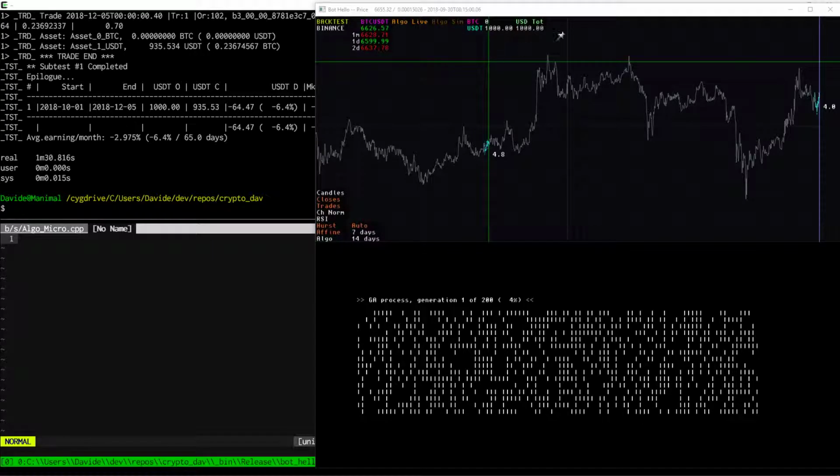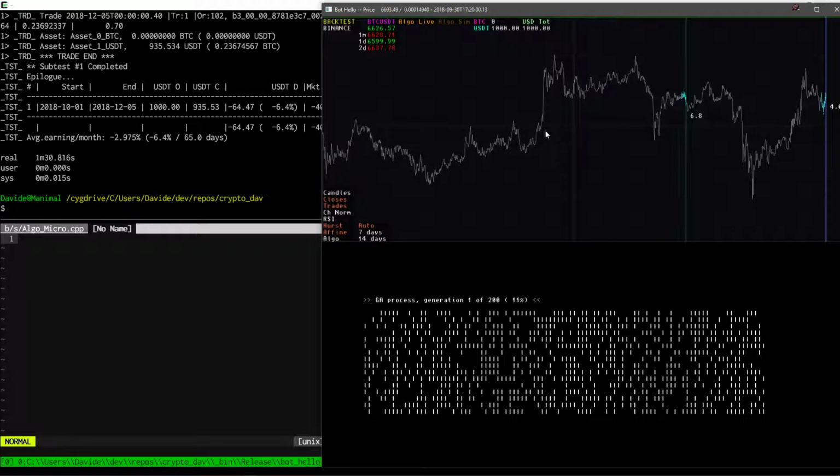So in this case here, on the top there is a timeline which is not scrolling because we're still in a training phase, and at the bottom we can see visual representation of the population of the possible instances of the algorithms.